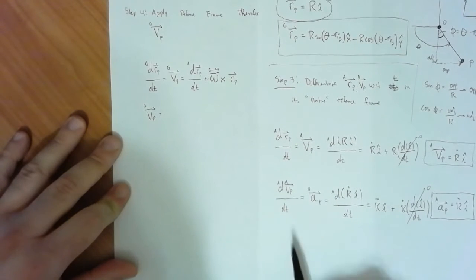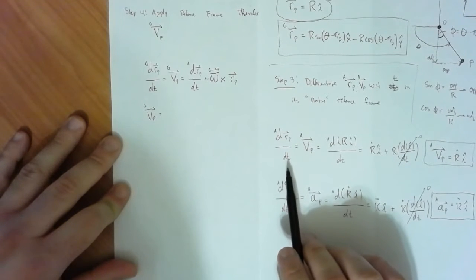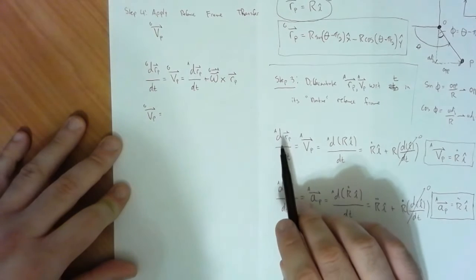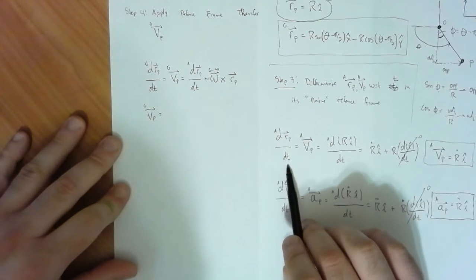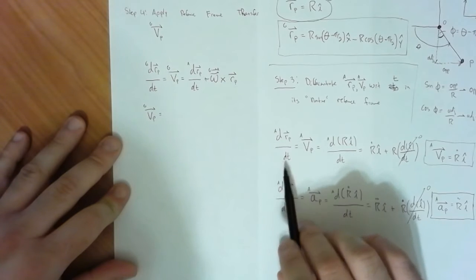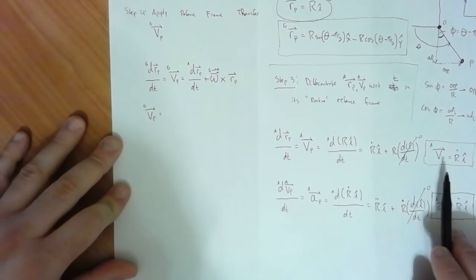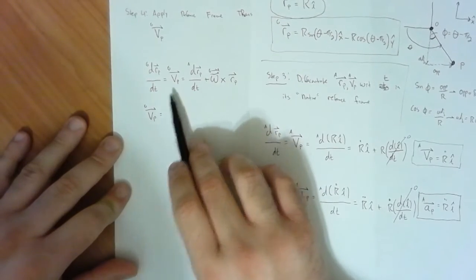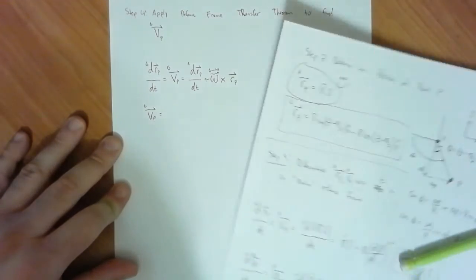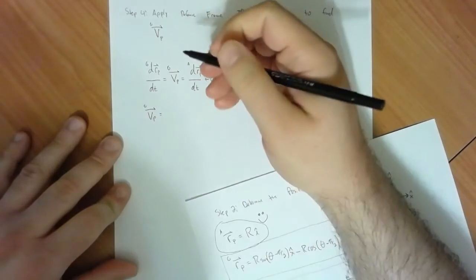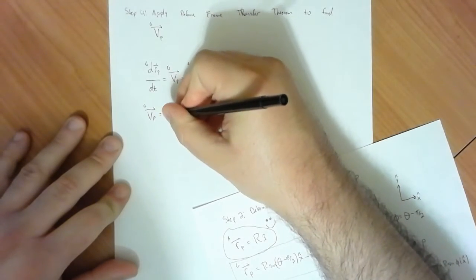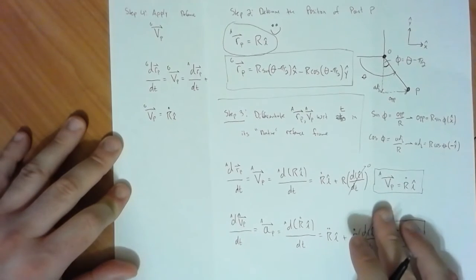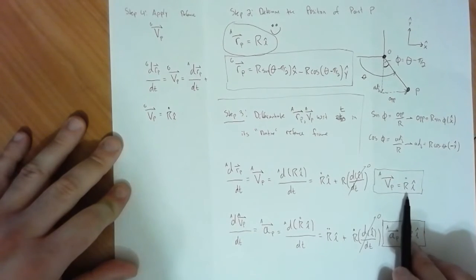So here it is: the derivative in the A reference frame with respect to time of R_P is this right here. I'm just going to write that. That is R dot I. Let's make sure that's right. Yep, R dot I.